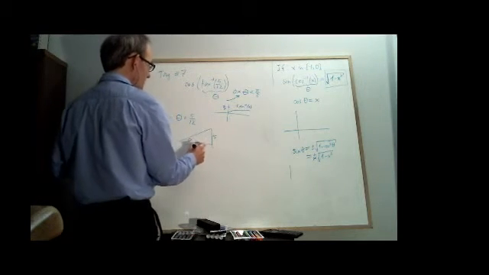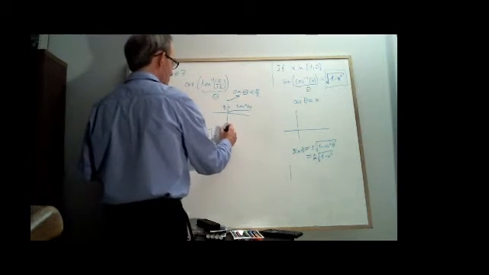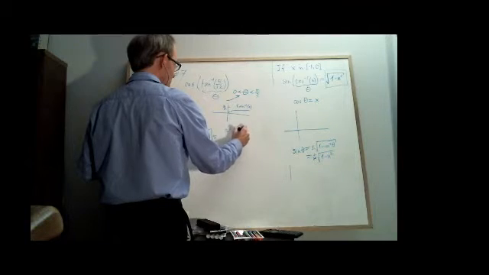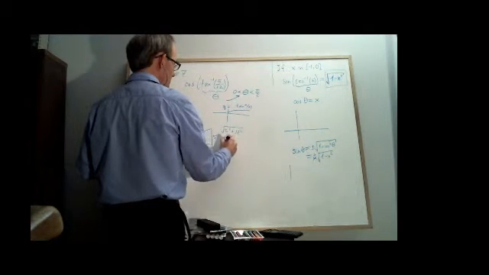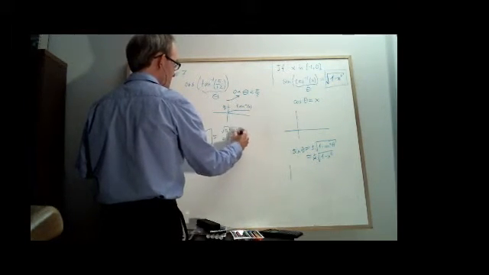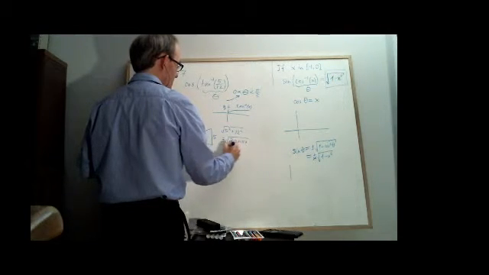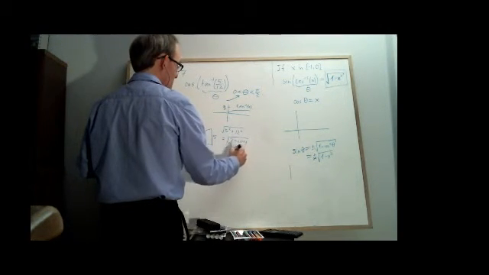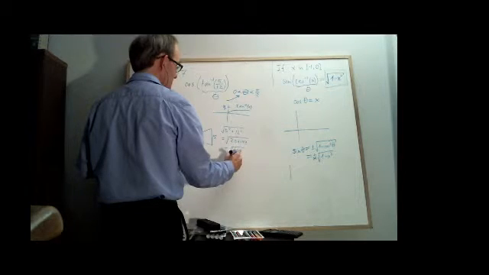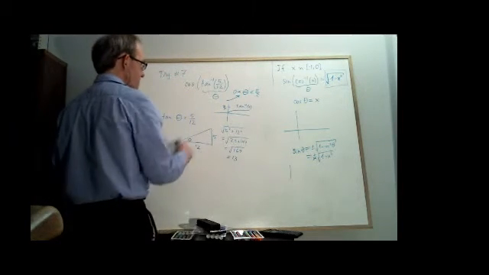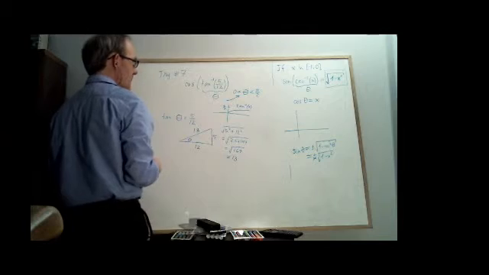If that side's 5 and that's 12, then what's the third side? You add the squares and then take the square root. So it's 25 plus 144, which becomes 169, and the square root of that is 13. So this side is 13.